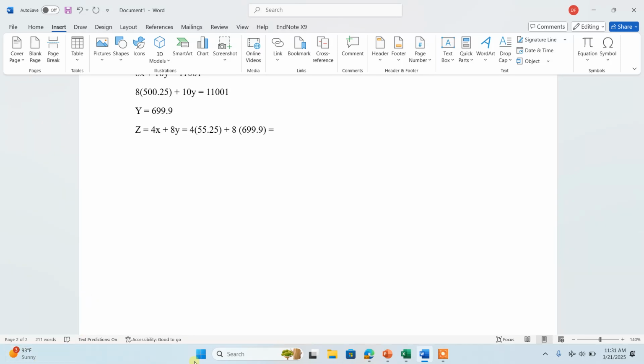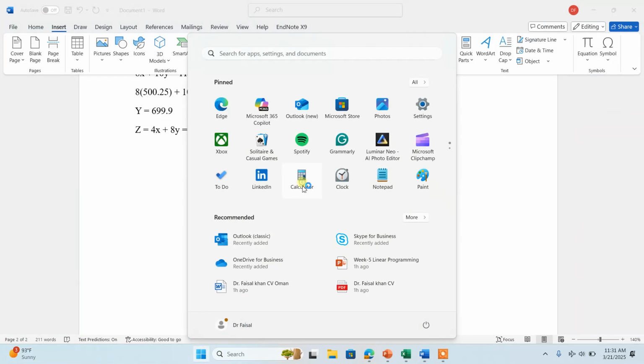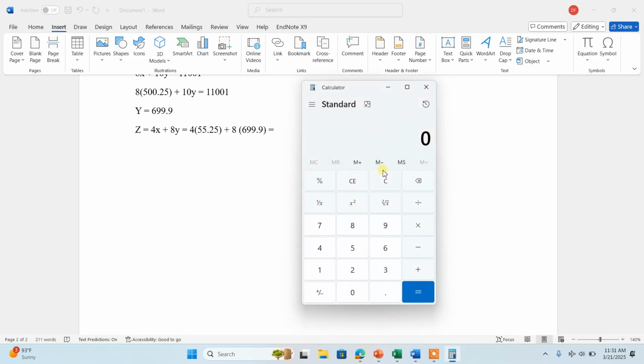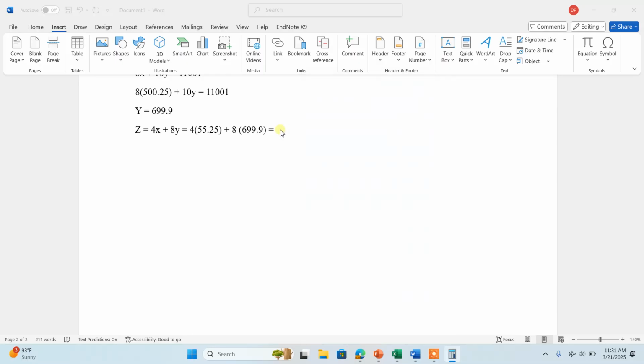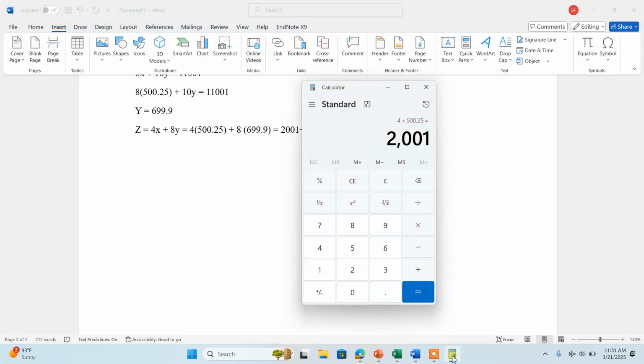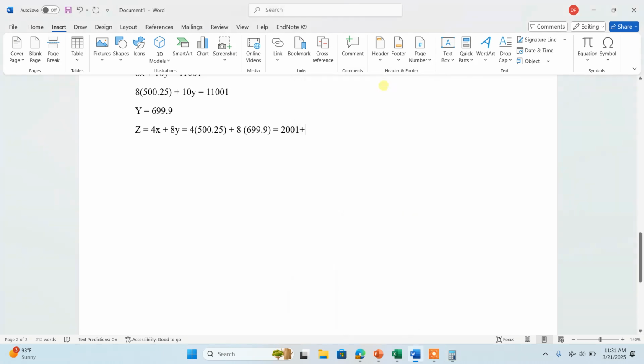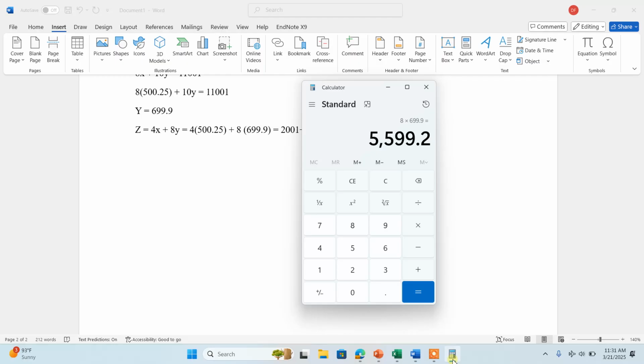Where is the calculator? 4 multiplied by 500.25 is 2,001, plus 8 multiplied by 699.9 is 5,599.2.